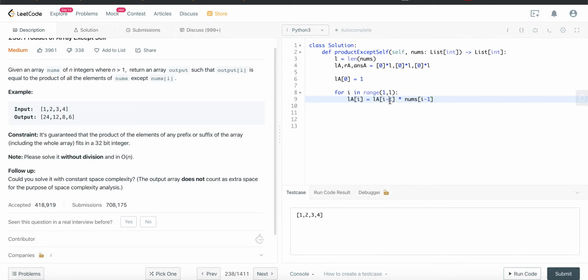See, for example, consider the index 3, where the value is 2. If we know the product of all the left elements till this index, to get the value for this index, we need to multiply this 2 with LA of i minus 1. So that's how we are getting this value.